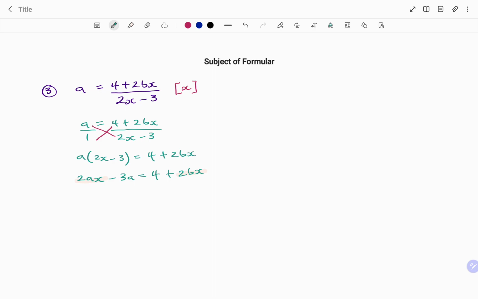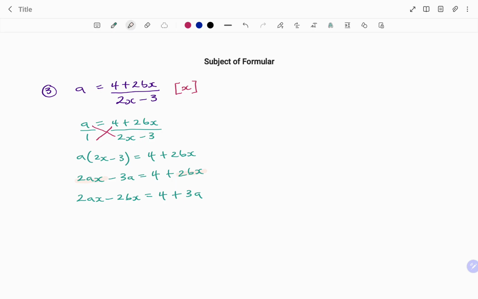Moving my 2bx to my left hand side, it becomes 2ax minus 2bx equals, likewise I'm going to move my minus 3a to the right hand side. I have 4 plus 3a. The sign changes.